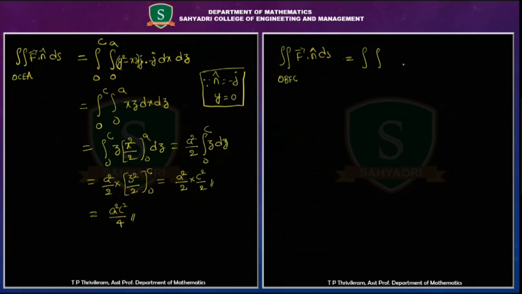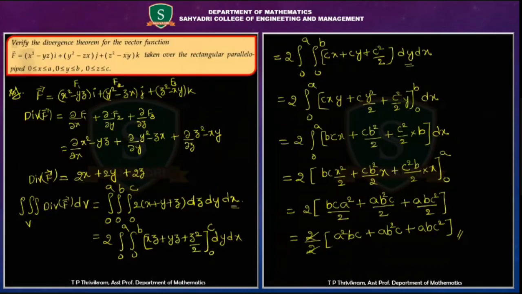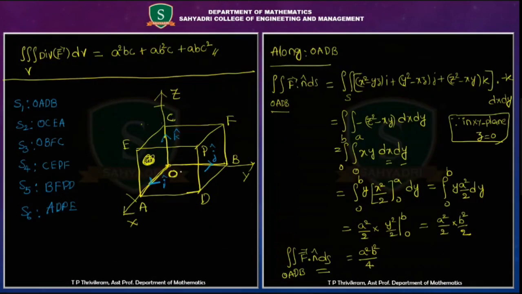Here you have to observe OBFC, where it is. That means this side. What is this plane actually? YZ. So I'll get the YZ plane. So what is the perpendicular axis to it?